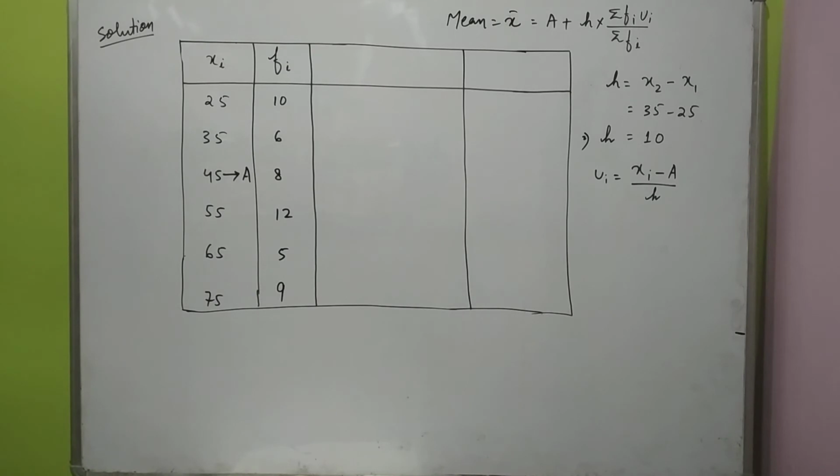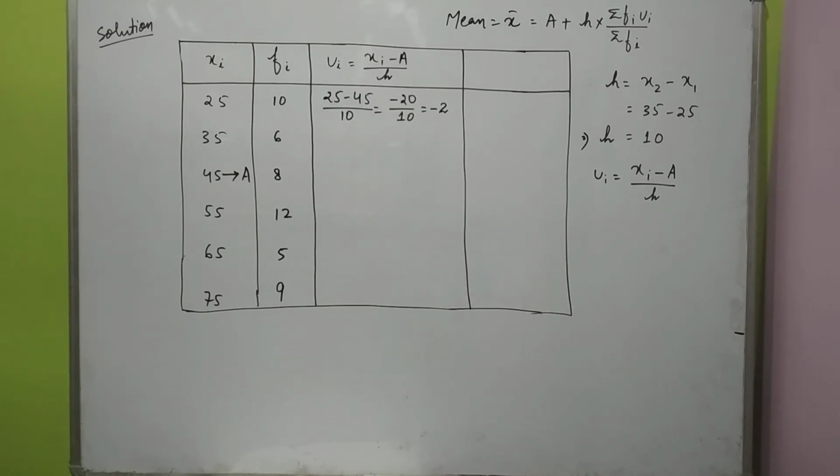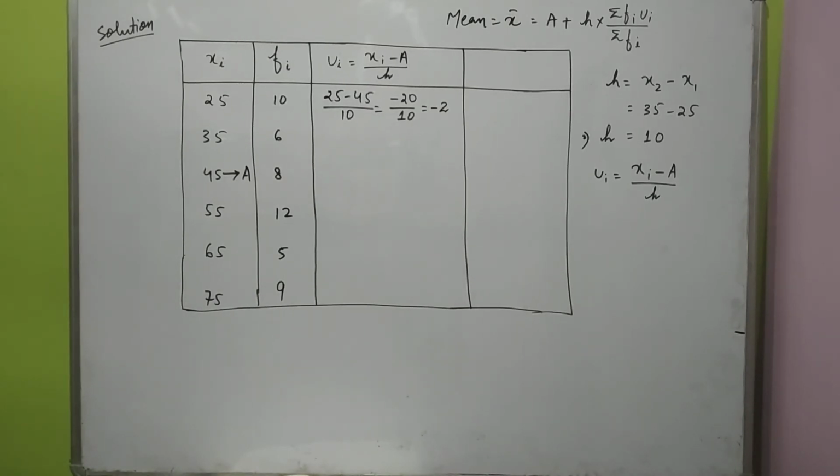In the ui column we write ui is equal to xi minus a upon h. In the first row we take xi as 25, and the assumed mean which we have already taken as 45, upon 10, that is h, and after calculation we get minus 2.